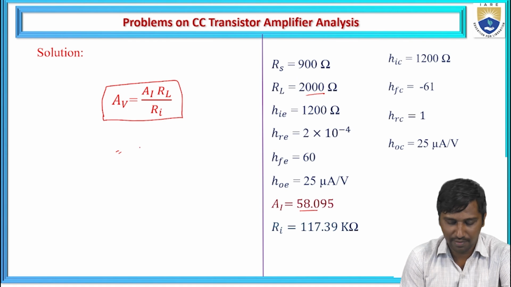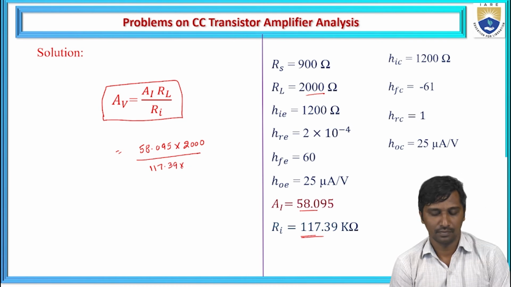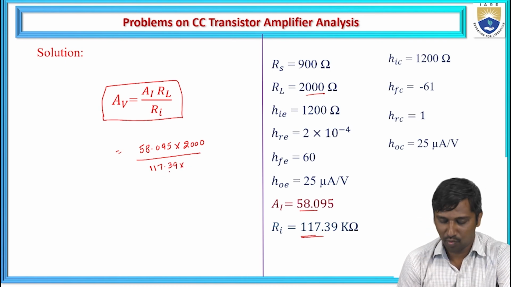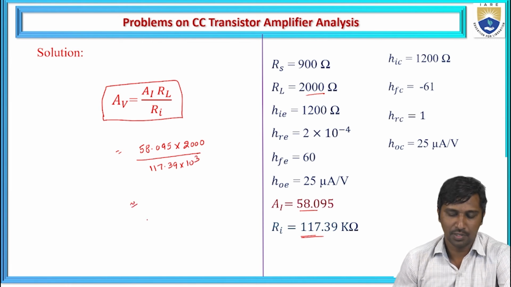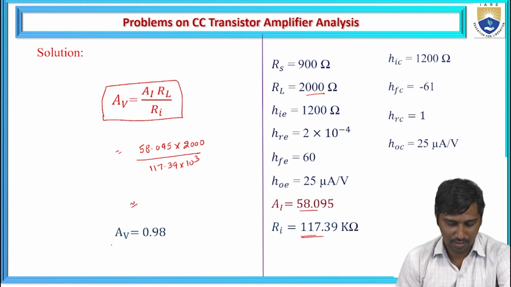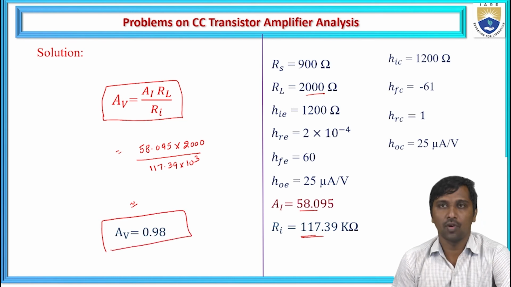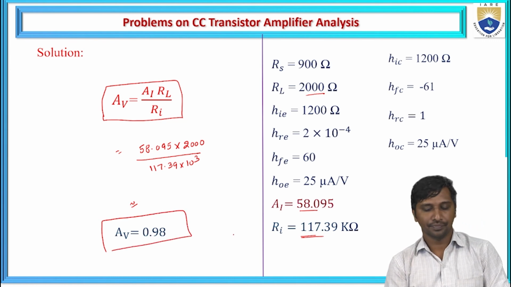Hence the voltage gain is 58.095 into RL 2000 divided by Ri, 117.39 into 10 power 3. Then you can simplify this ratio. It gives that the voltage gain is 0.98.